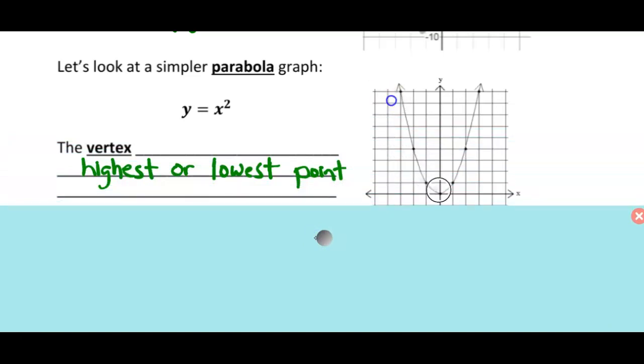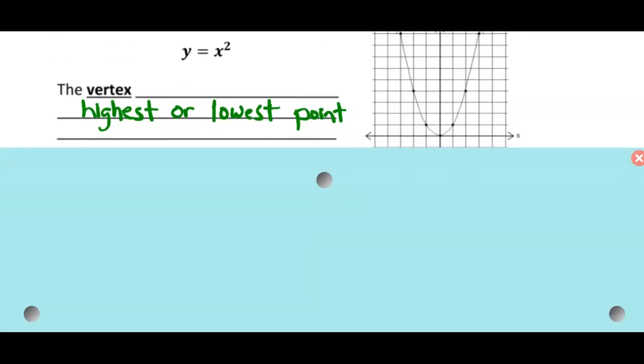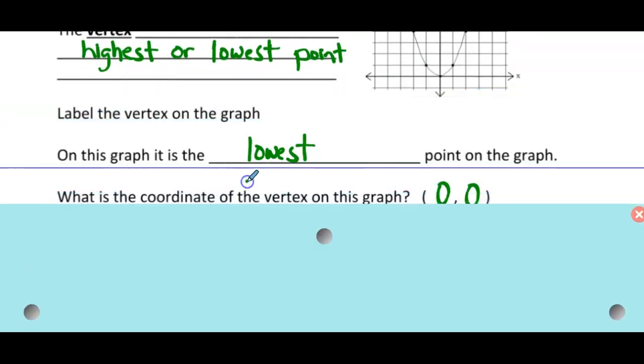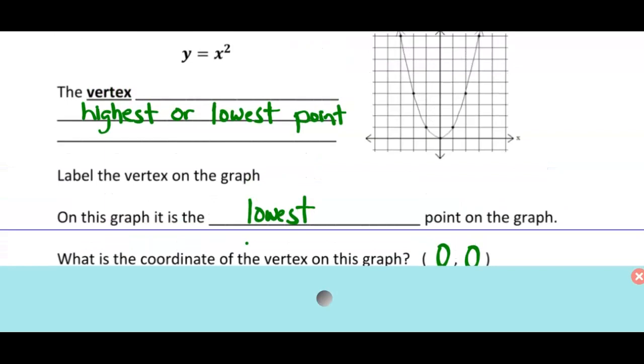So here, this vertex on this graph is my lowest point on my graph. So as I go down and look at this, it's my lowest point. All right, where is that lowest point? If I were going to graph that, where would my lowest point be? Well, here's my origin, so it would be at 0, 0. Right?